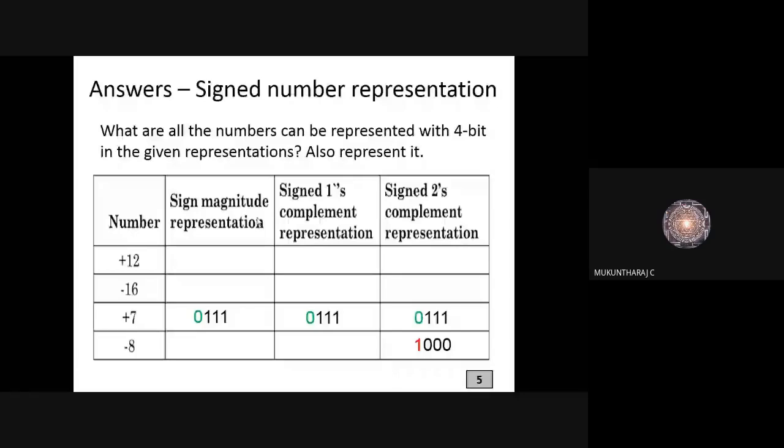Minus 8 can be represented in signed twos complement only. The signed twos complement representation of the negative number minus 8 is 1, 0, 0, 0. So this is the answer. Please note it down.